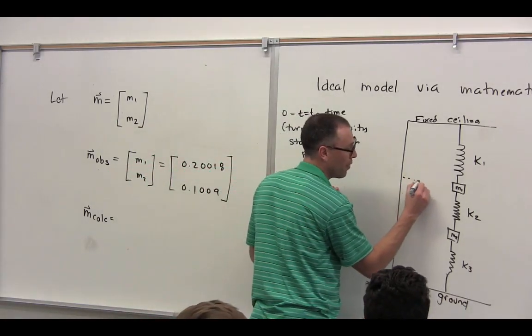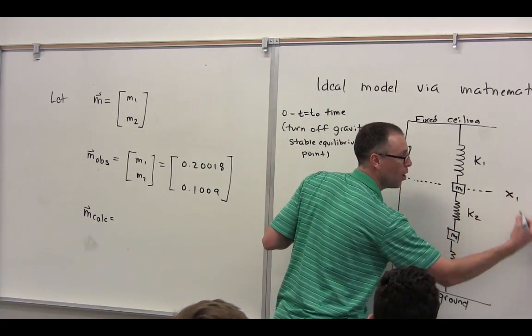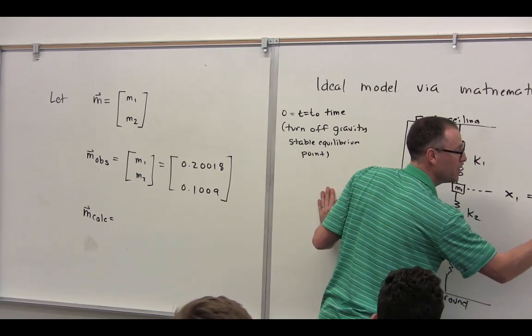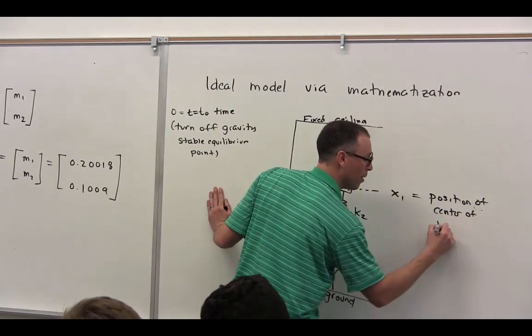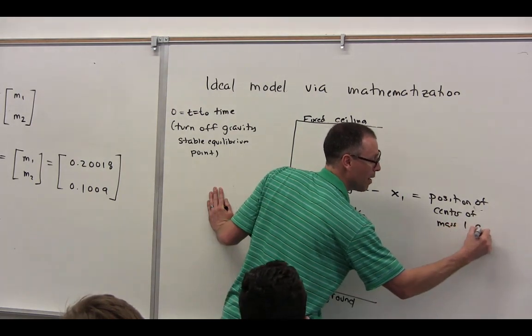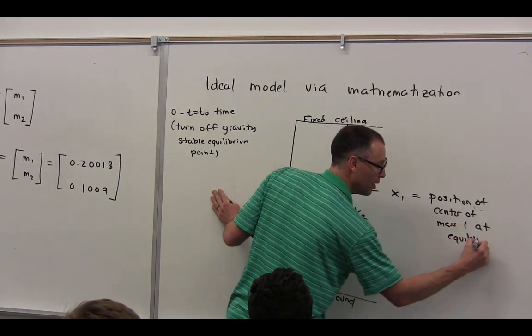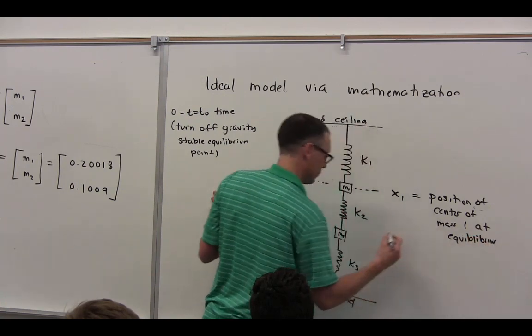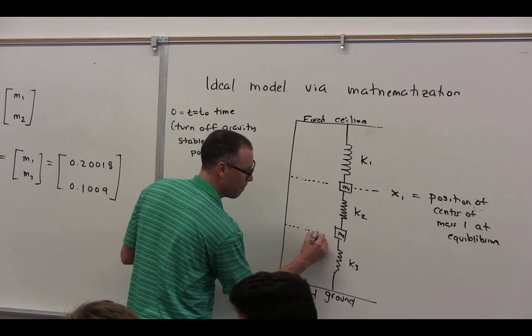Could you guess what we call that thing right there? Yeah, let's call x1 the position of center of mass 1, what am I about to write? At equilibrium. No motion, right? Okay, could you guess what I'm about to say now?